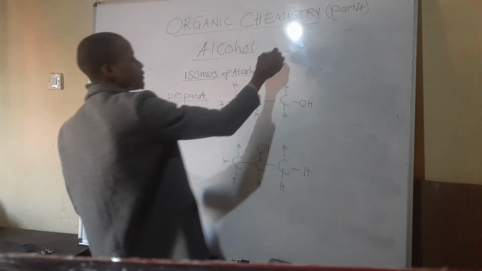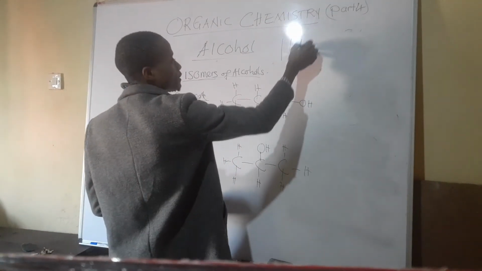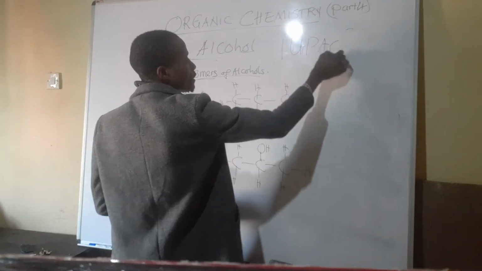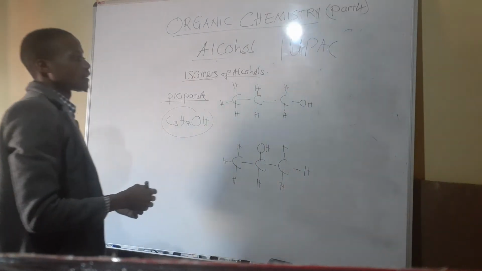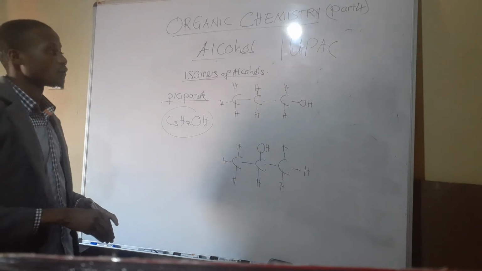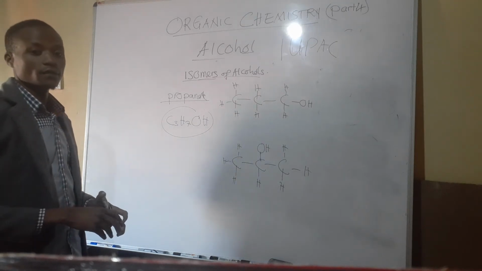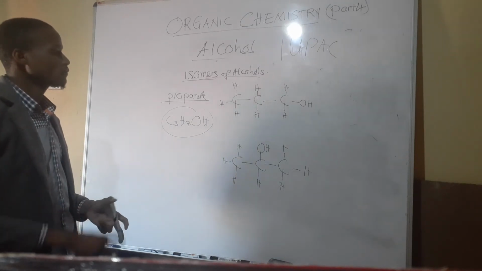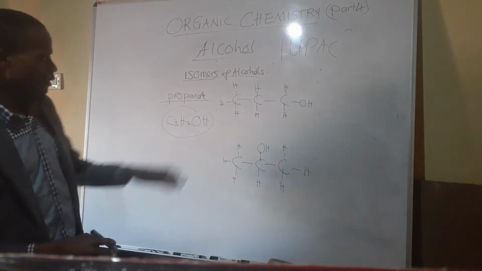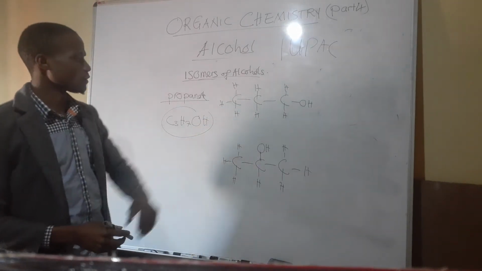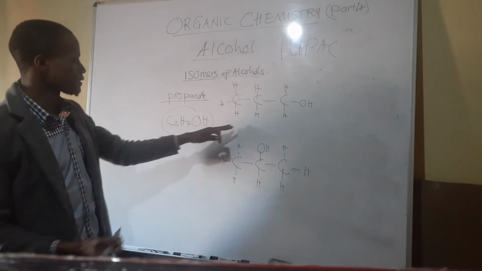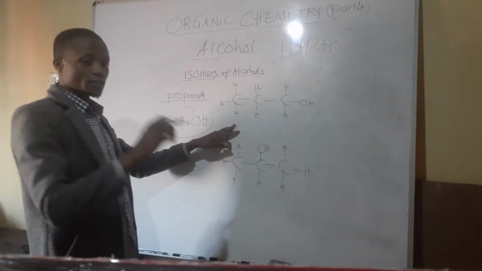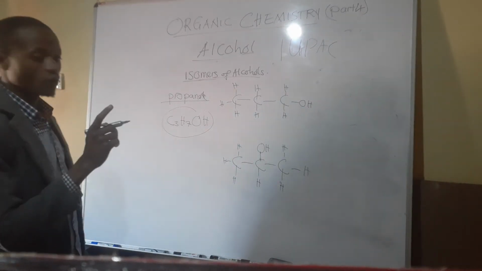There is what is called IUPAC, which you are going to learn most of in the higher levels. IUPAC, we're talking about the International Union of Pure and Applied Chemistry. Okay. Now we want to give the names of these according to IUPAC. So the name of this is, you identify the location of the alcohol group.